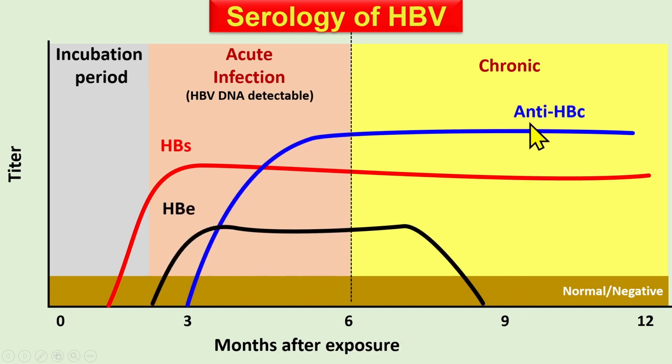And this is anti-HBc IgM before 6 months, after 6 months IgG. So this HBeAg, you can see what is happening to HBeAg. Anti-HBe is positive in the later phase of the chronic infection. In the early phase, it's HBeAg. So that was all about the concept.